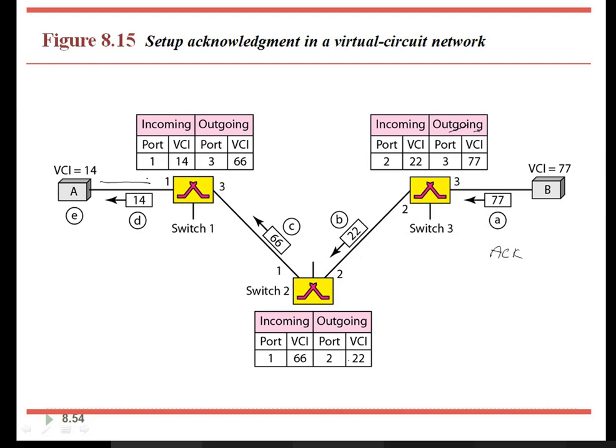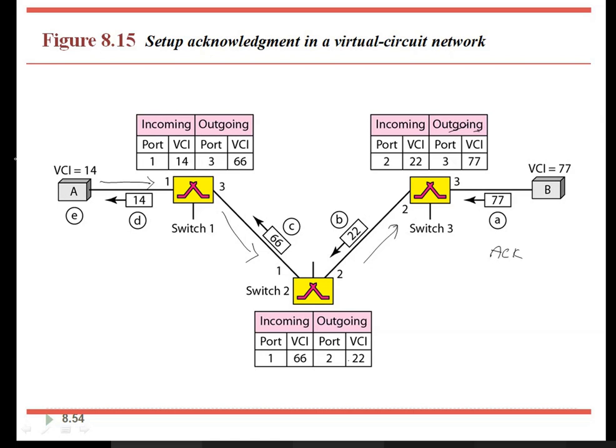It can start sending the data using the same path that was set up. Each time it can just go through the table. Once the data comes at switch 2, it will check if the data comes with port 1 and VCI 66, and it should be forwarded through port 2 by adding VCI 22.